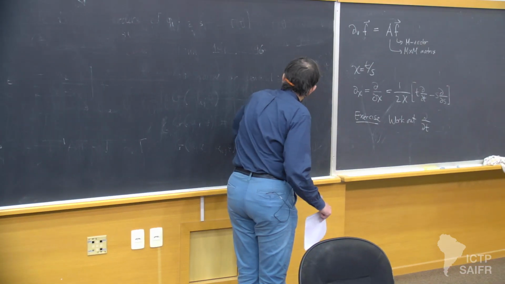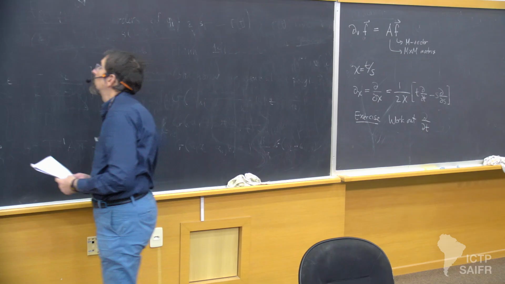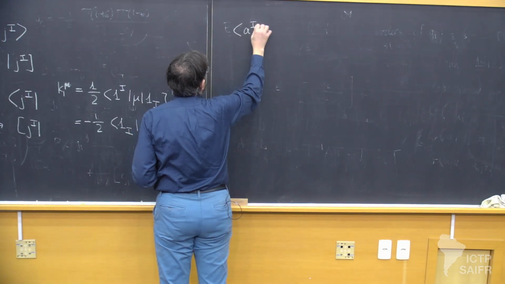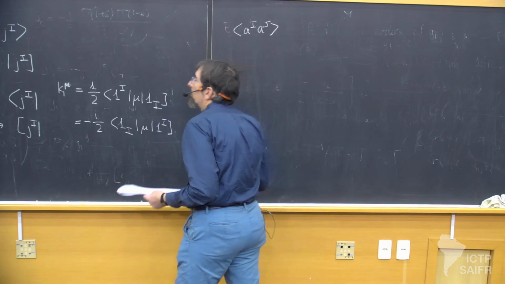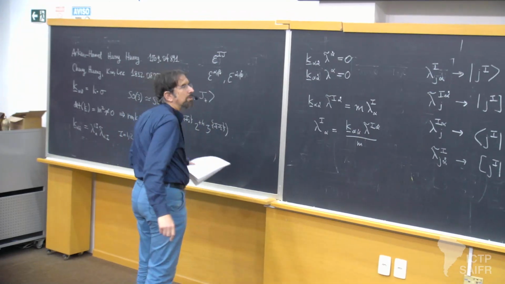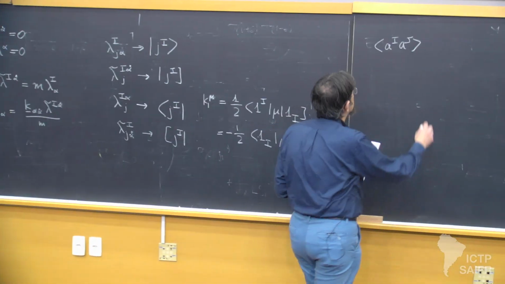And this, in some cases, is useful for simplifying expressions or for writing things out. So for example, if we have AI, AJ, that spinor product is, in this case, constructed with the same SL2C invariant tensor that we used in the massless case.